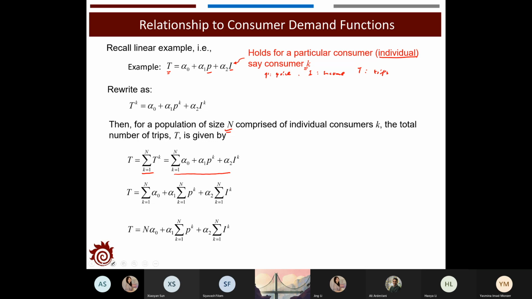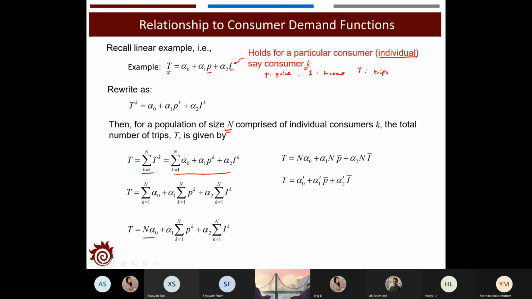So what we get is, for the population size of n, T will equal n times alpha 0 plus alpha 1 times the summation of Pk plus alpha 2 times the summation of Ik. So that will be the total price and the total income for the whole population. And you can also find the average value of P and the average value of the income.